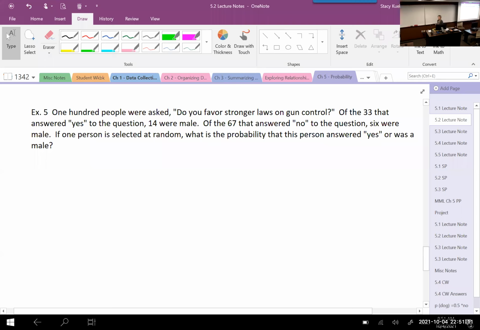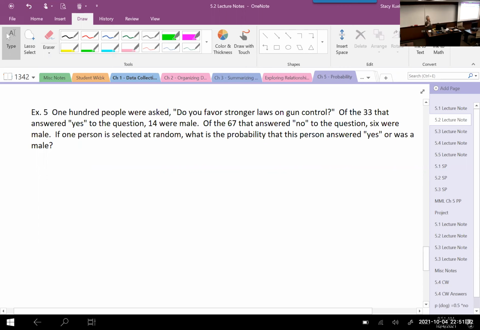When we think about these tables again, they're called a two-way table because I'm comparing two different categories to each other. What is the one category that I would have here? Do you favor gun control, and your responses would be either yes or no. So I have a yes and no for gun control.